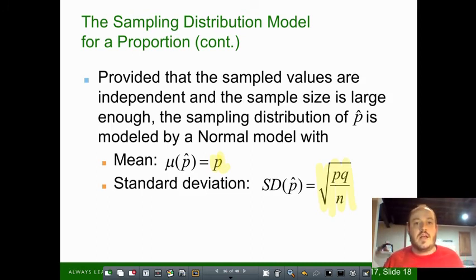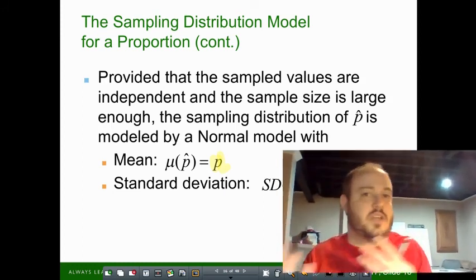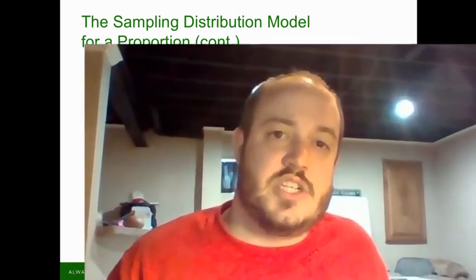All right. Hopefully this is starting to seem a little bit better. We just went through an actual example of how we can use this. We talked about the conditions that are required for us to be allowed to use sampling distributions, and we will continue using this sampling distribution moving forward.